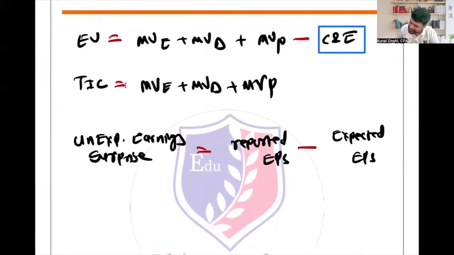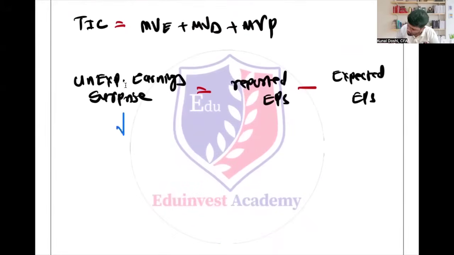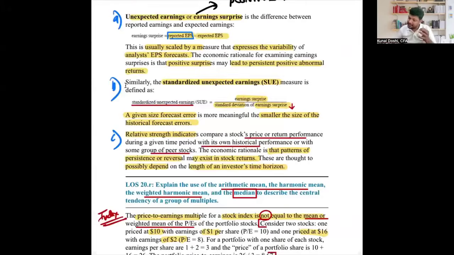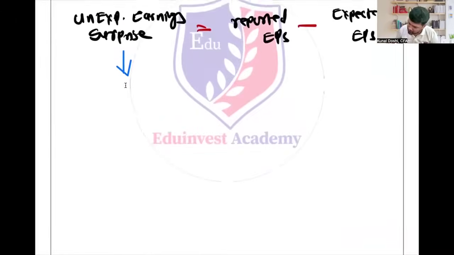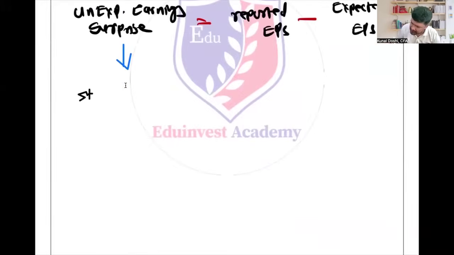This is also translated into a ratio. So the unexpected earnings surprise is translated into a ratio called standardized unexpected earnings, which is also called the surprise.